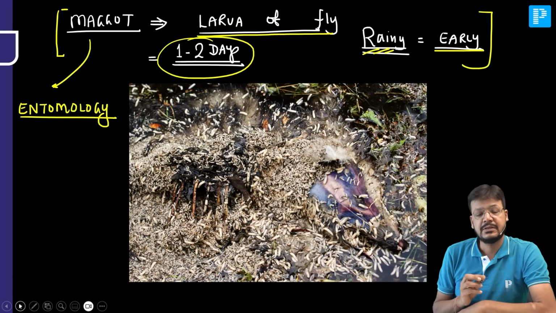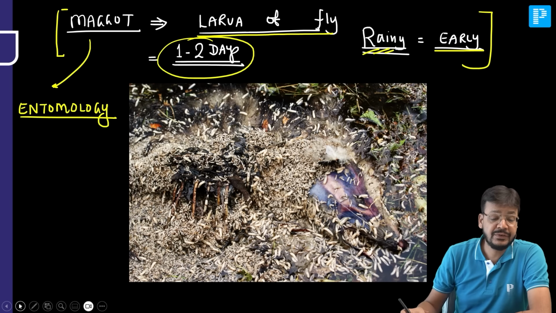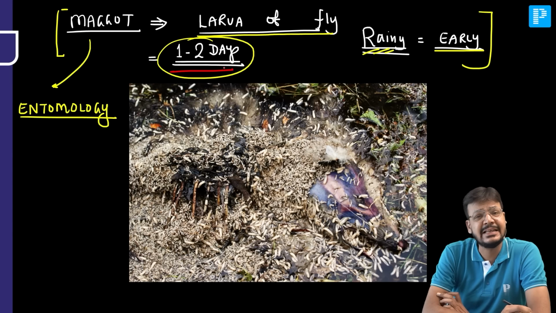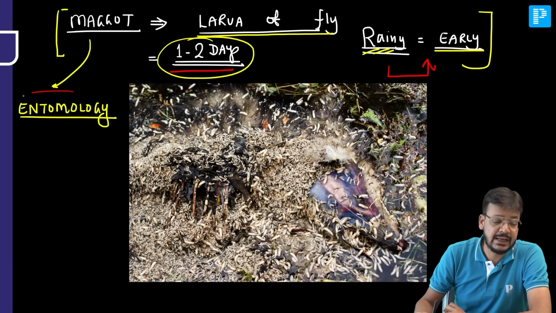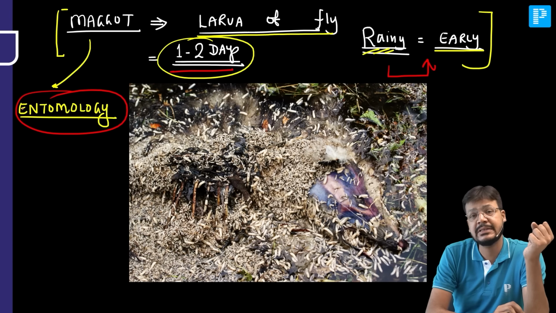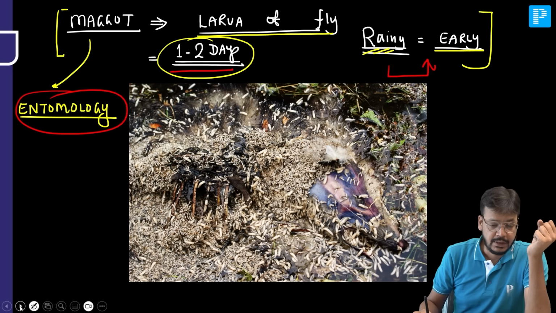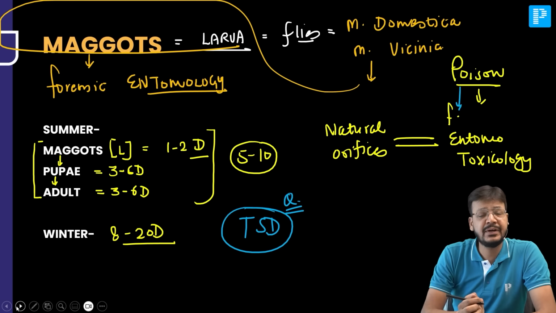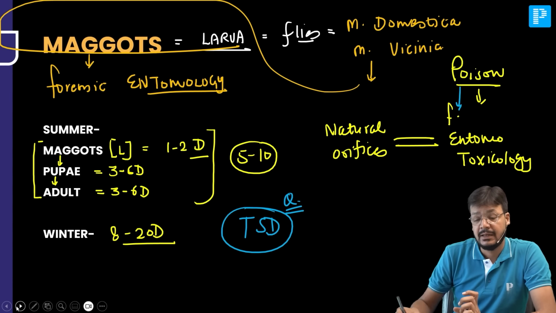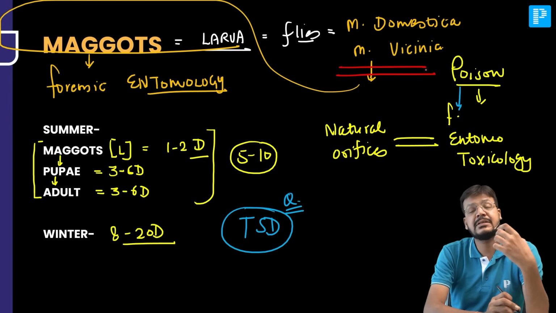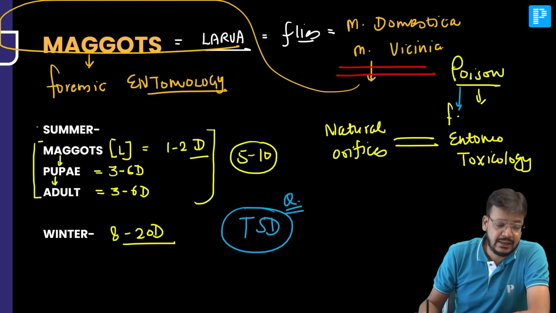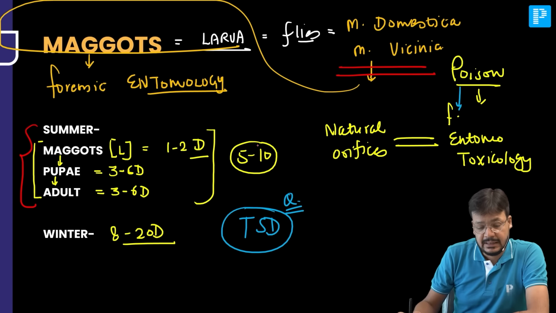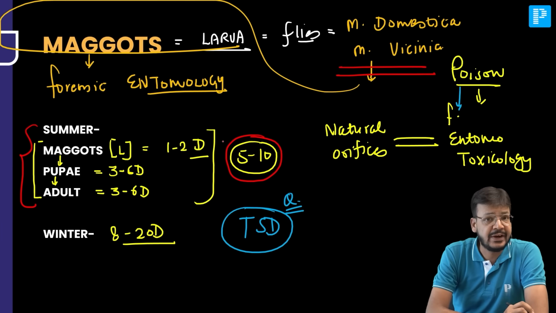Yes. Sir, these are the maggots, which are larvae of the fly. Generally, maggots are seen in 1 to 2 days. In rainy season, it comes very early, and the study of maggots is known as entomology. If you see the maggot cycle, my dear friend, these are the larvae of flies, and these flies are Musca domestica and Musca vicina. In summer season, the whole cycle is 5 to 10 days.